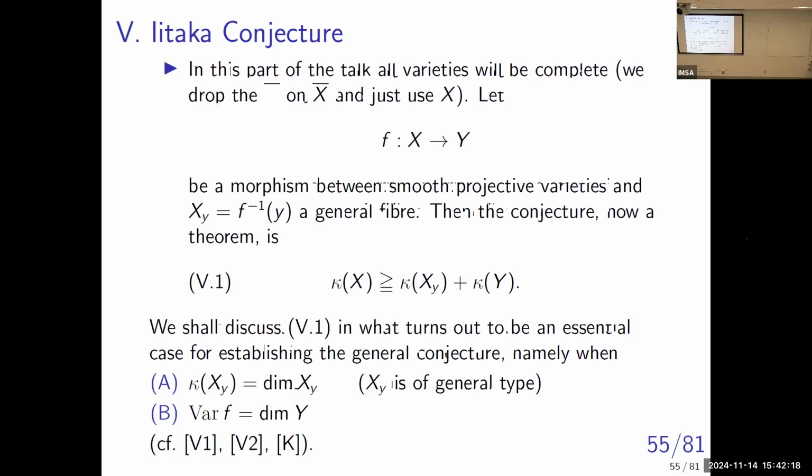So I'm going to discuss this in an essential case, but making simplifying assumptions. So first, that the Kodaira dimension is equal to the dimension, so that fibers are of general type. Secondly, that the fibers move in moduli, that is, when you vary the fiber and you look at the Kodaira-Spencer map, that's injective.